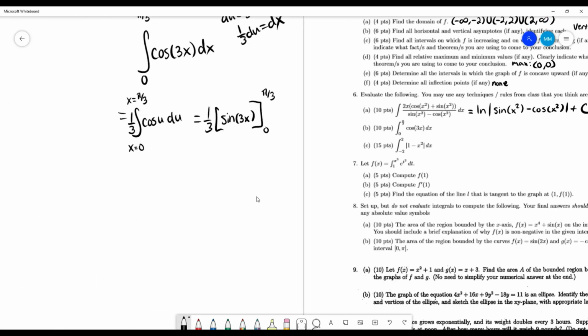And now it's just a matter of plugging those in. I know 3 times pi over 3 is just pi. I know sine of pi is 0. And sine of 0 is also 0. So our answer is 1/3 times 0 minus 0, or 1/3 times 0, or just 0.